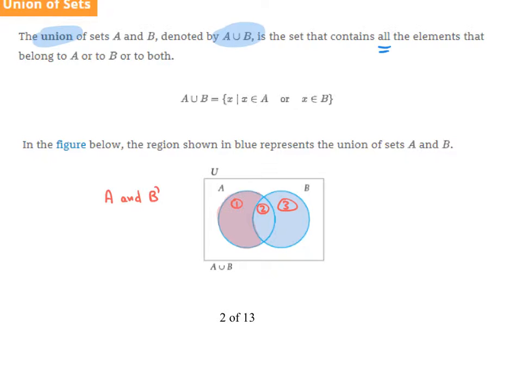Let's look at region 2 here. I'll do region 2 in a different color. Let me use blue. We already know what region 2 is. Region 2 is that intersection. It's what's in A and what's in B, right? And then let's look at region 3. If you had to describe region 3, what would you say?